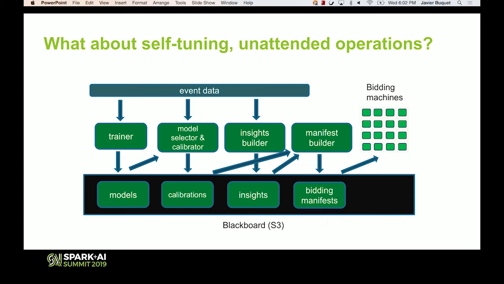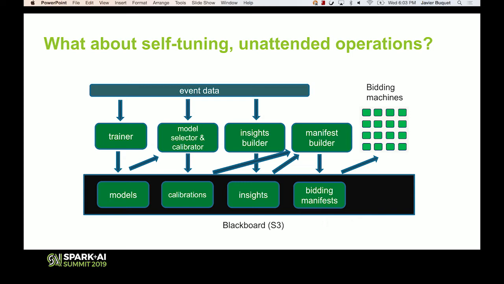For example, we train several different kinds of models for each of our campaigns, and the model selector selects the best one that applies for each campaign. Those calibrations, along with other processes for insights, things that are not straight machine learning, are also put into the blackboard. And with all this information, we build a manifest.